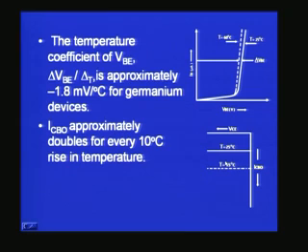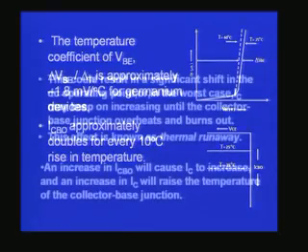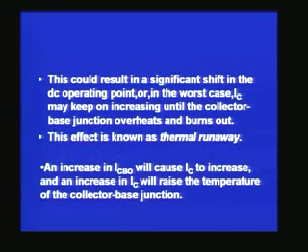This is a much more serious of the two, delta VBE and delta ICBO. The delta ICBO is much more serious. Why is it so? You see, when delta ICBO increases, the IC component will increase. Therefore the effect of change in ICBO due to temperature is to increase the collector current or the emitter current. When the collector current or the emitter current increases, it will also increase the temperature.